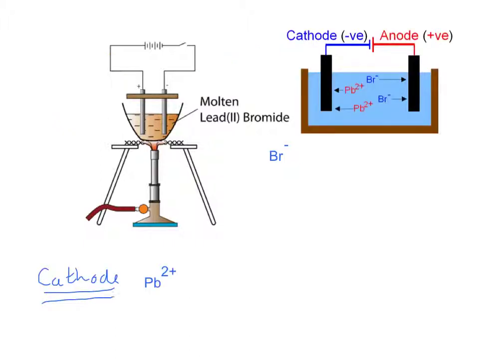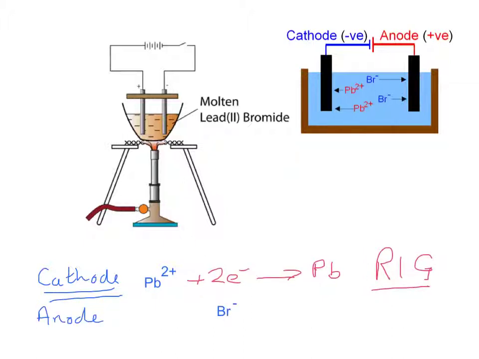At the negative cathode, the lead ions gain 2 electrons and become lead atoms. This is reduction. Reduction is gaining electrons. At the anode, 2 bromide ions lose an electron each to become a bromine molecule, Br2. 2 electrons are lost.